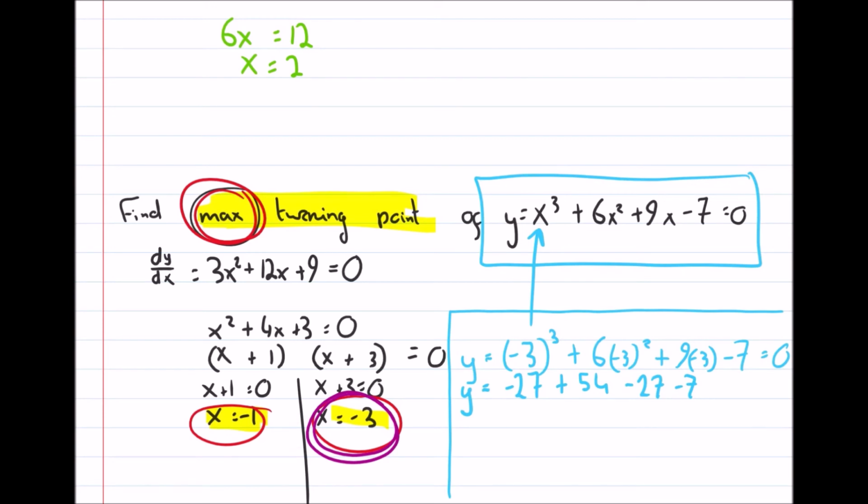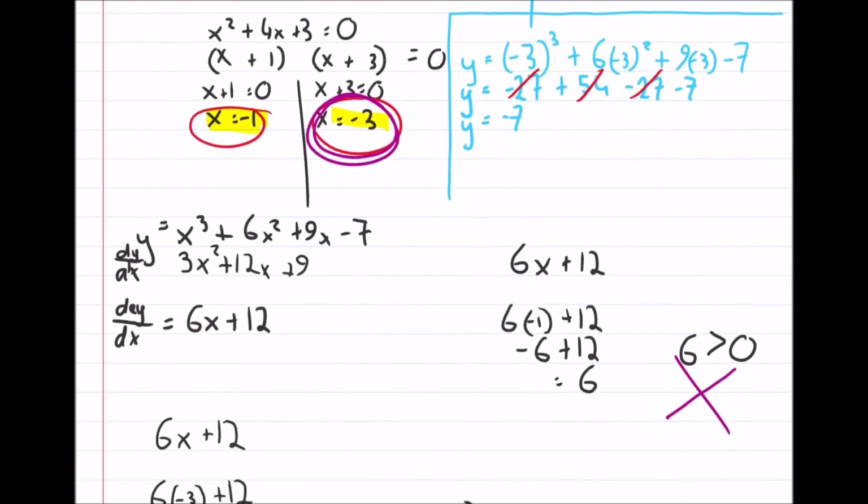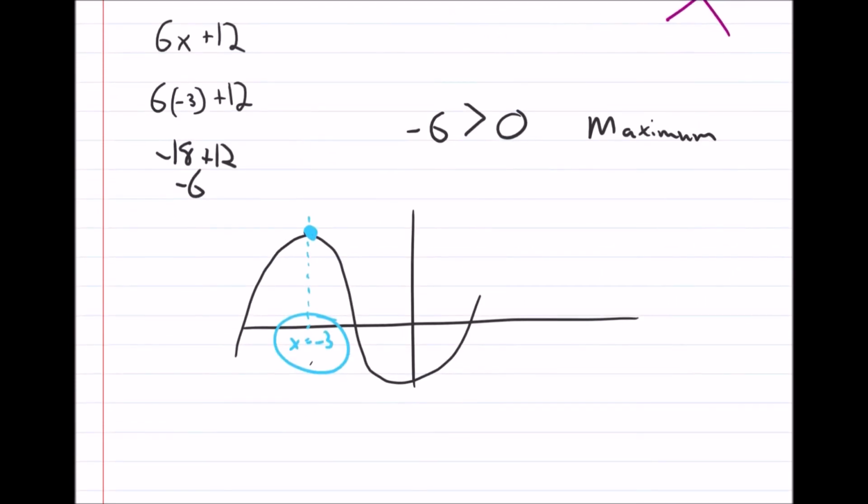So the minus 27 and 27 cancel, and we'll be left with minus 7. So y is minus 7. So the maximum point here is minus 3, minus 7.